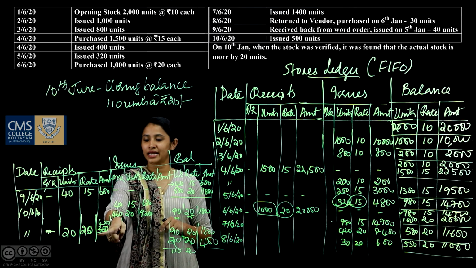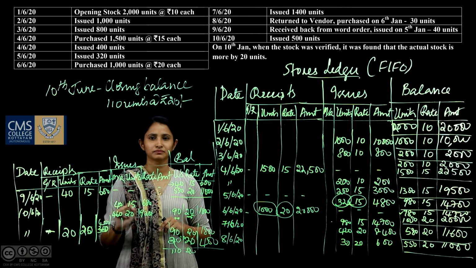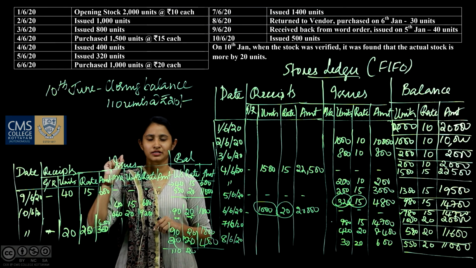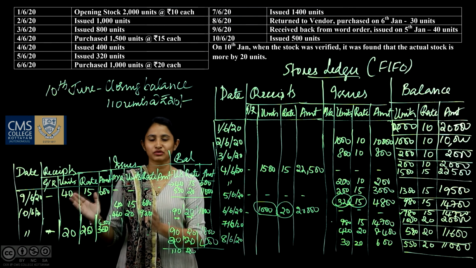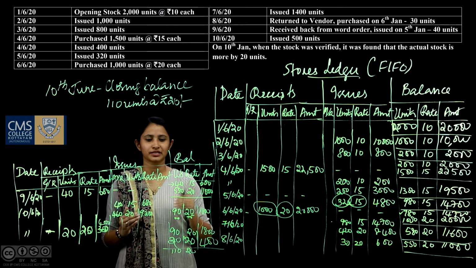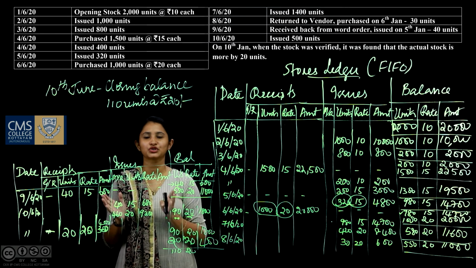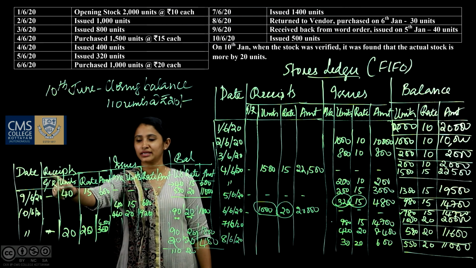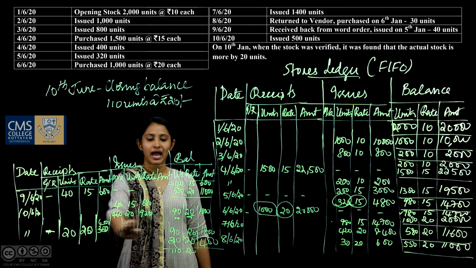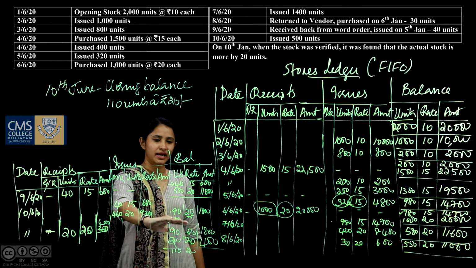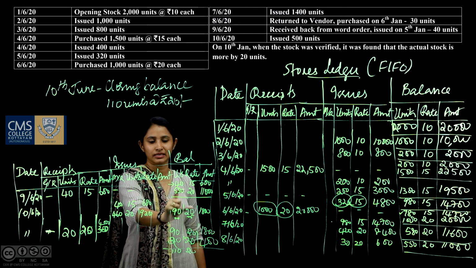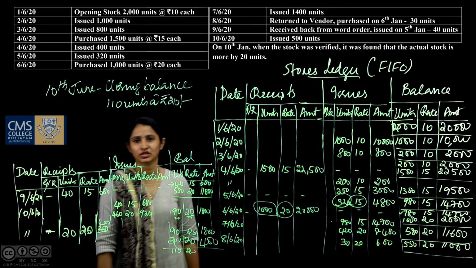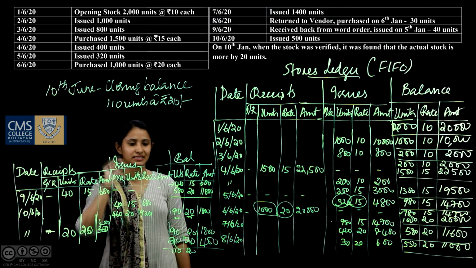And then on the last day there was a surplus. That means that when the stock verifier counted the materials, there were 20 additional units in actual in stores, but our stores ledger is short of 20 units. So in order to correct that balance, we show the surplus in the receipt column, and on that same day we look at the balance column and see at what rate the existing lots are priced.